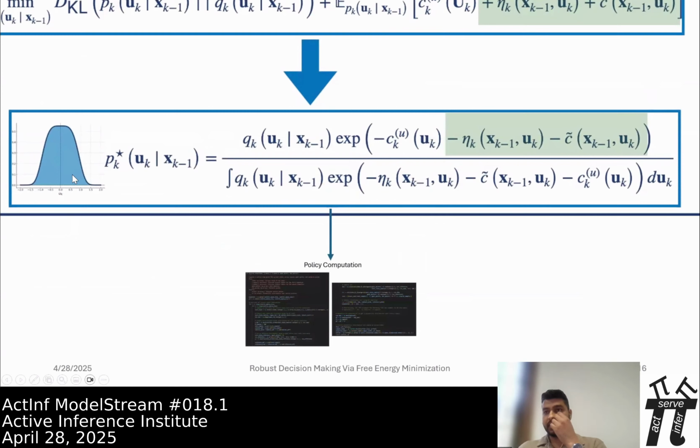The optimal policy, P star, is a twisting kernel where Q of u is the generative model's policy, and the exponential gives you a high value if the c tilde, the ambiguity cost, is low. In this example, we consider Q of u to be uniform, and since it is uniform, you can remove it from this expression of the policy.